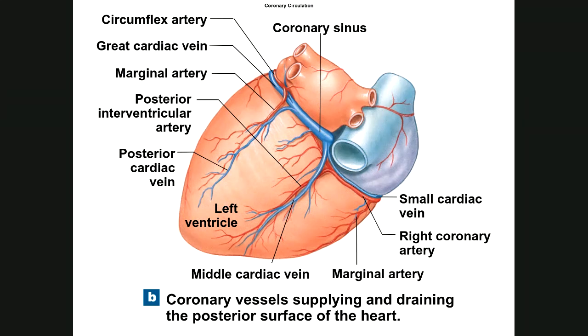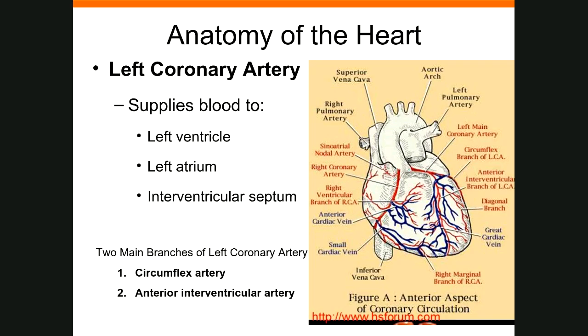Then the next is the left coronary artery. It supplies the blood, of course, to the left ventricle and the left atrium, and also to the septum, the interventricular septum.